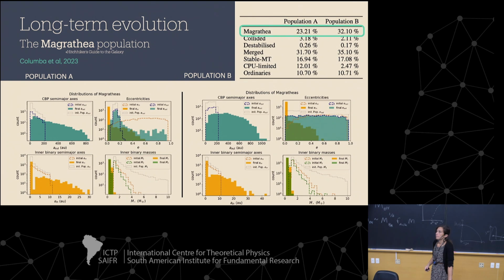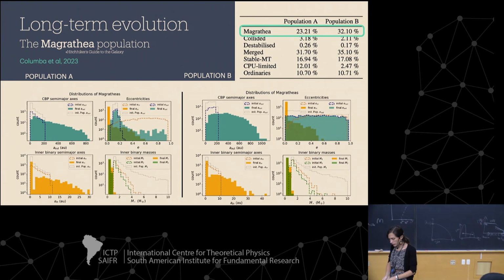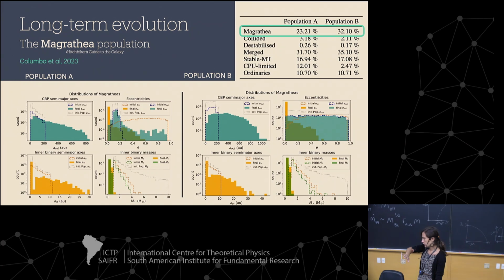I'm not sure I understand your question, because the simulation is a priori about the formation of this object, right? If this object does not form, okay, we understand why we are not seeing them. But the formation simulations, the formation process of this object, they are telling us that they are there.